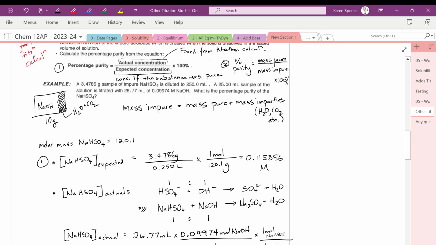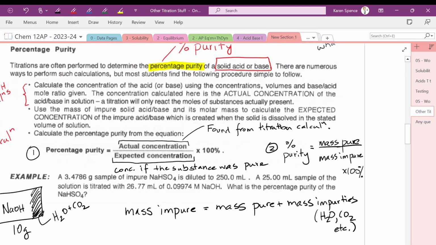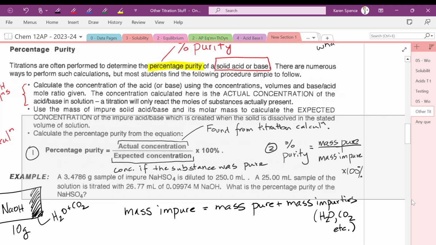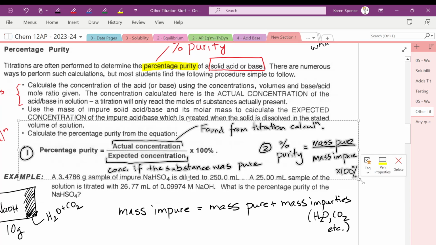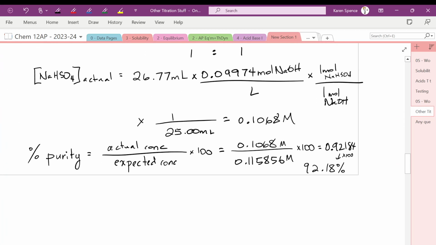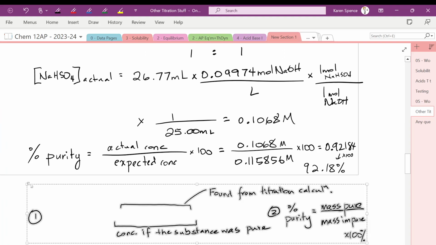In fact, I can just take a picture of it.